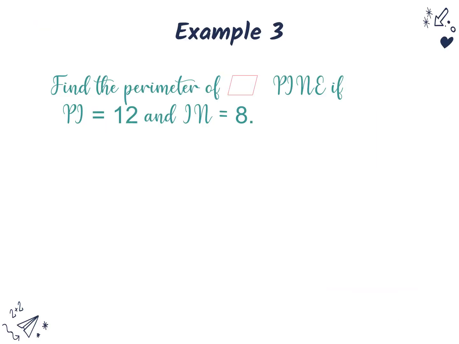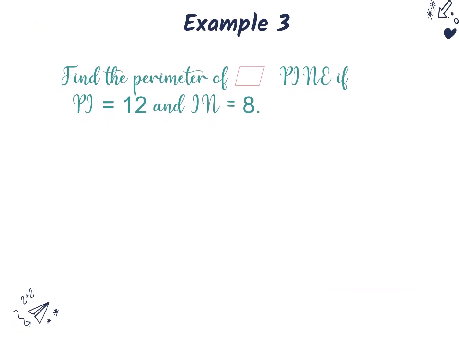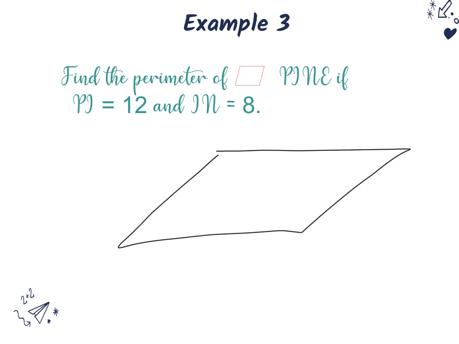All right, looking at this one, I'm going to draw it for you. You have a parallelogram and you have P-I-N-E. They're telling me P-I is 12, so label it 12. I-N is 8. What else do I know?